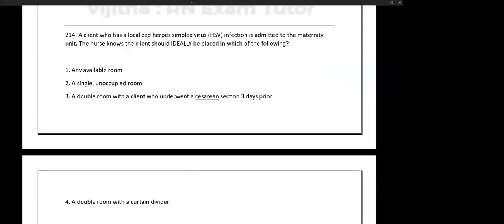A client with a localized herpes simplex virus infection is admitted to the maternity unit, and the nurse knows the client should ideally be placed in which of the following? Herpes simplex virus.